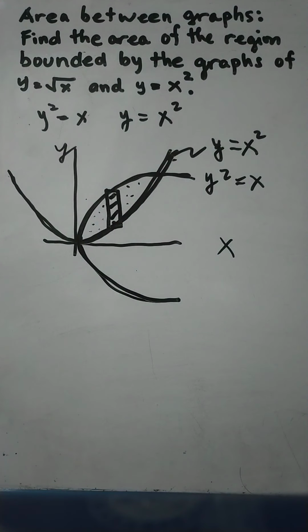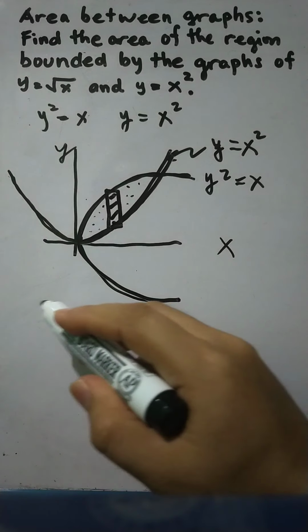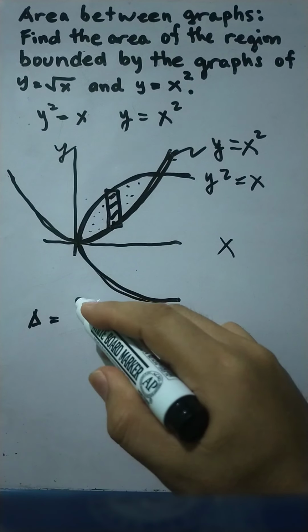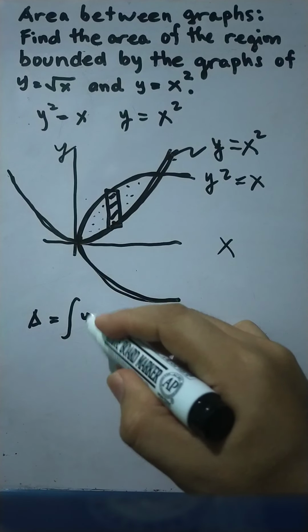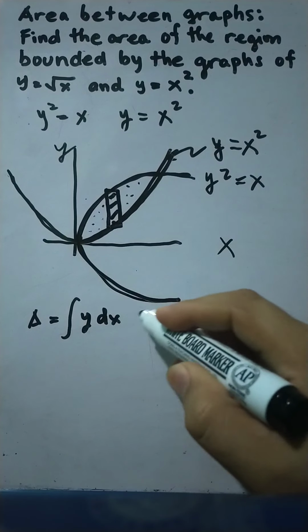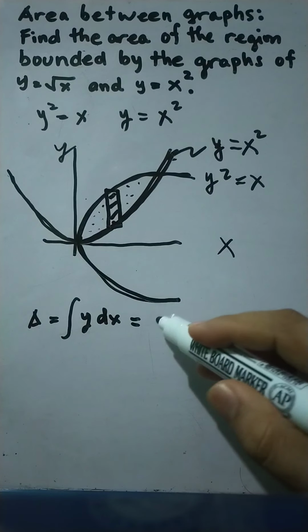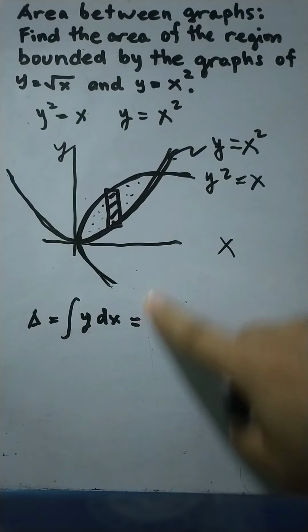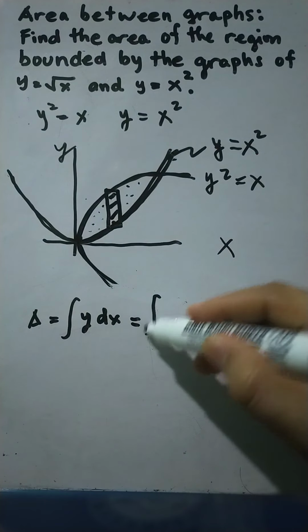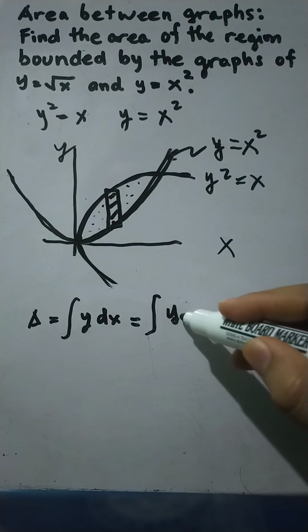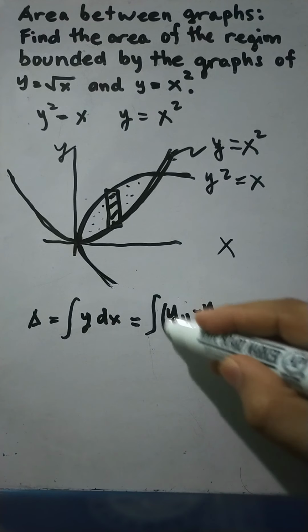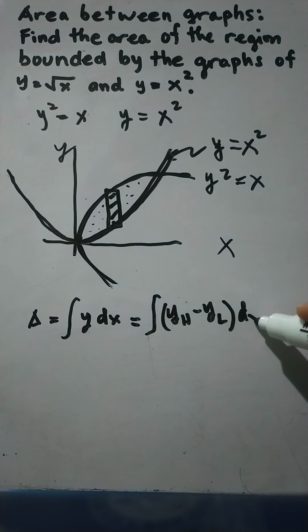In our vertical strip, we will be using area equals the integral of y dx, which can be rewritten as the integral of y high minus y low dx.